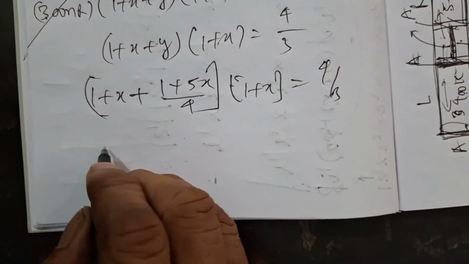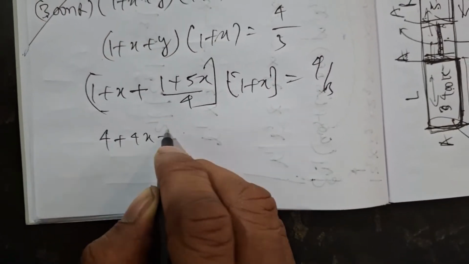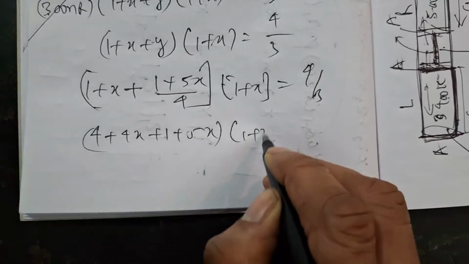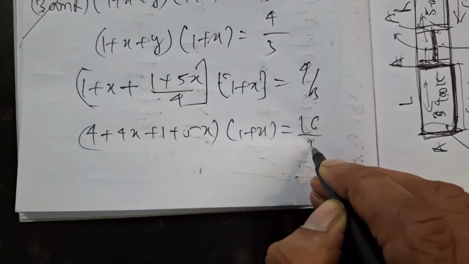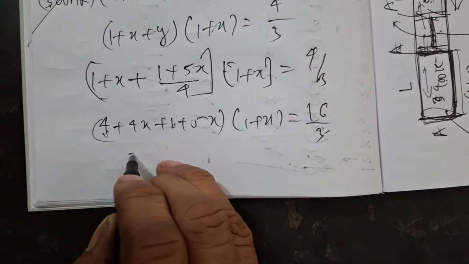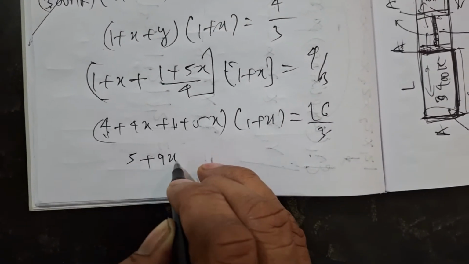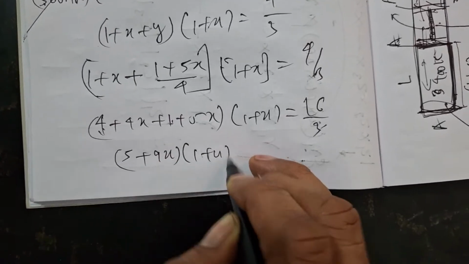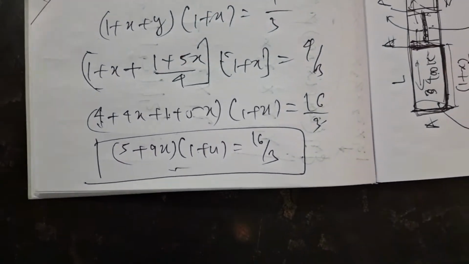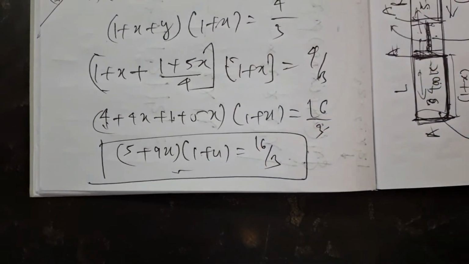Solve this further: 4 plus 4x plus 1 plus 5x into 1 plus x equals 16 by 3. So this is 6, 5, and this is 9x. This is 1 plus x. You could solve now. This is a very easy question, calculation-wise only.